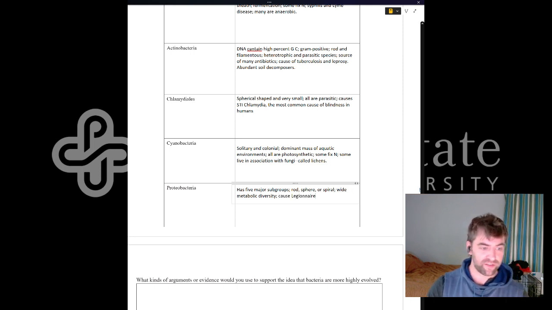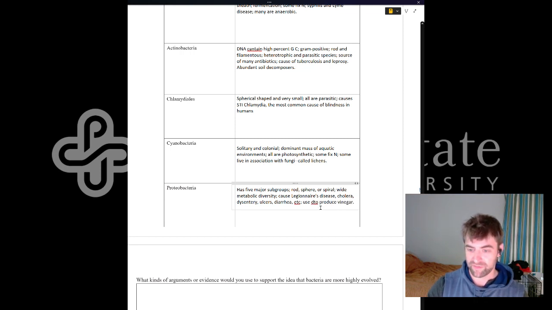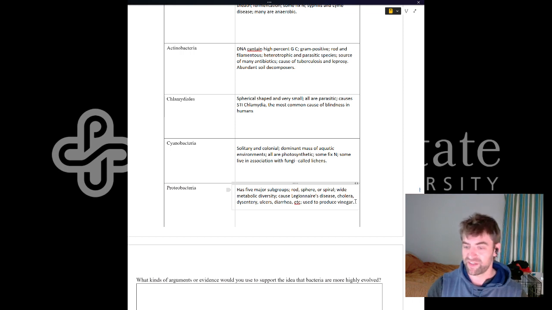They cause Legionnaire's disease, cholera, dysentery, all of the things you would die of on the Oregon Trail, ulcers, diarrhea, etc. They're also used to produce vinegar. And the genus Rhizobium live in or on plant roots and fix nitrogen.